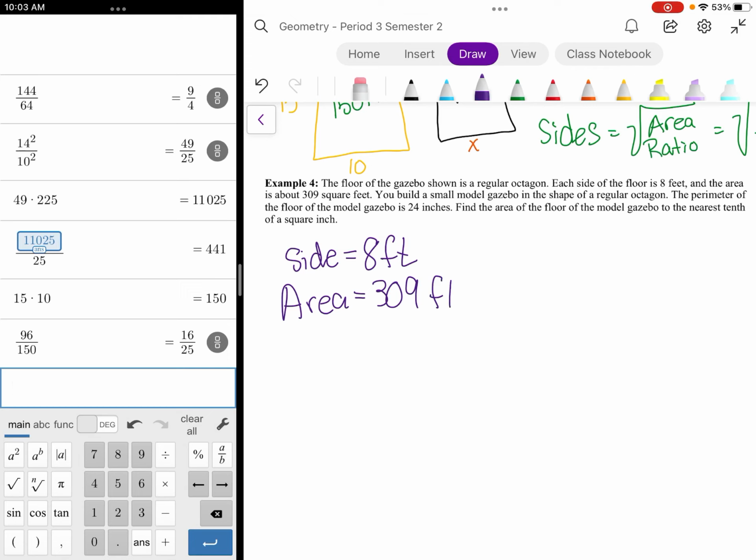Okay, you build a small model gazebo in the shape of a regular octagon. The perimeter of the floor of the model gazebo is 24 inches. So the model perimeter equals 24. They want us to find the area of the floor of the model gazebo to the nearest tenth. So area is what we are looking for.